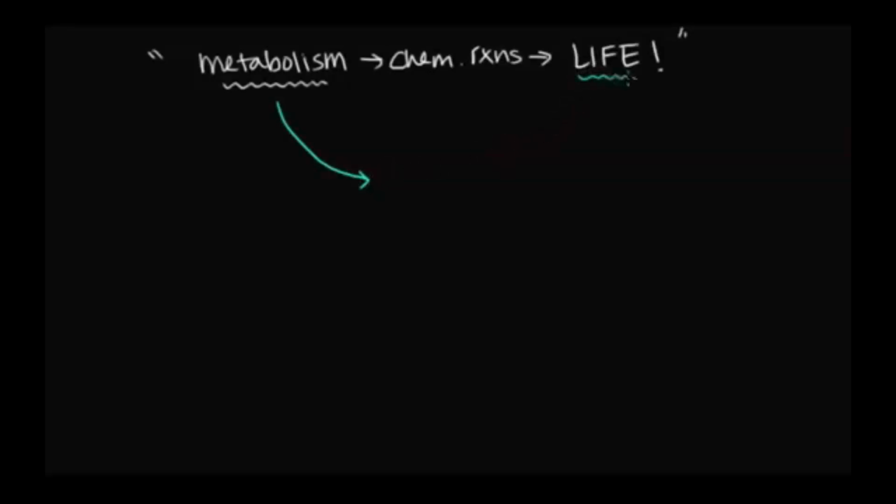So first, I'm going to introduce another arrow in this diagram like this and say that really the requirements of life, let's say in a human being, such as maintaining a constant internal temperature, reproducing, growing, and all that jazz, all of that ultimately boils down to the body's ability to utilize 4 essential biomolecules.